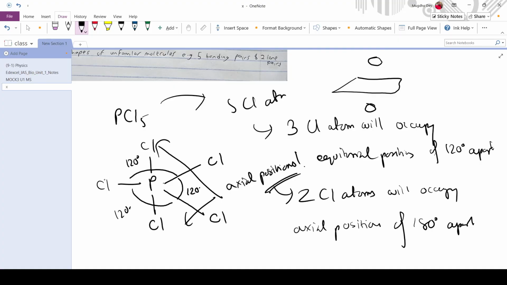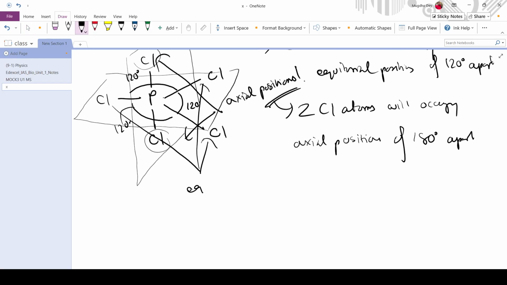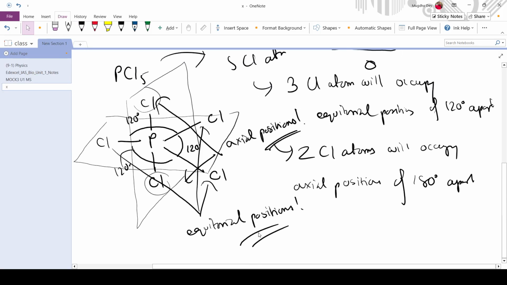So three of these chlorine atoms are present where? They're present in the plane where the phosphorus atom is present. But the two chlorine atoms in the axial position are in a plane which is perpendicular to the plane where phosphorus is present. Am I clear? So these three are known as the equatorial position. Do you understand what is axial and what is equatorial? This is 180 degrees.